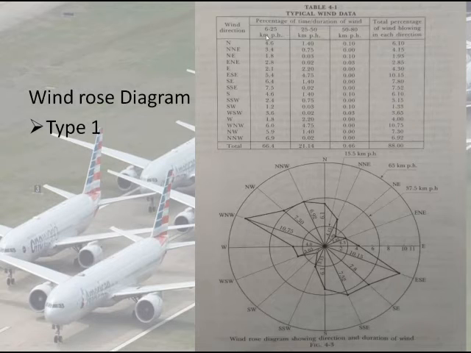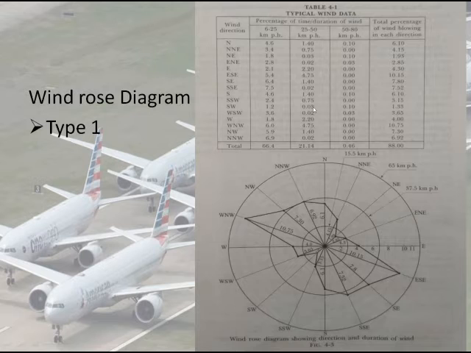The percentage of time and duration of wind is divided into three different components: the wind blowing 6 to 25 kilometers per hour, 25 to 50 kilometers per hour, and 50 to 80 kilometers per hour. That is, we have characterized the percentage of wind blowing over about 5 years.